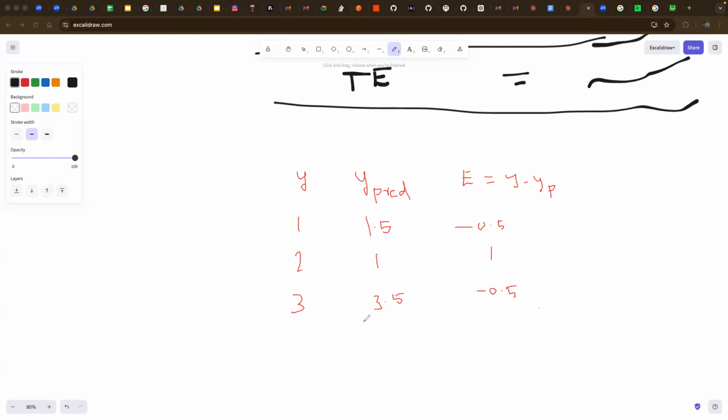So if you calculate the total error, that comes out to be 0, right? 1 minus 0.5 minus 0.5. So total error is 0. But is it correct? We are not predicting exactly. The model is not perfect, but still we are getting total error as 0. So to avoid this kind of scenario, we don't use the error as y minus y pred.